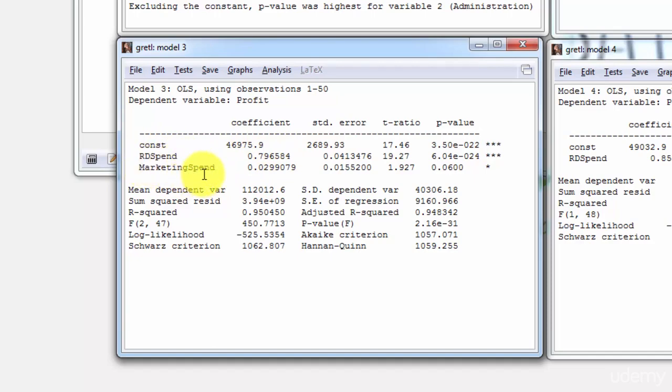I don't know, for instance, although I do know, of course, I've seen the data. But you can still make a conclusion. All you have to say is R&D spend has a greater impact on profit per unit of R&D spend than marketing spend has per unit of marketing spend.